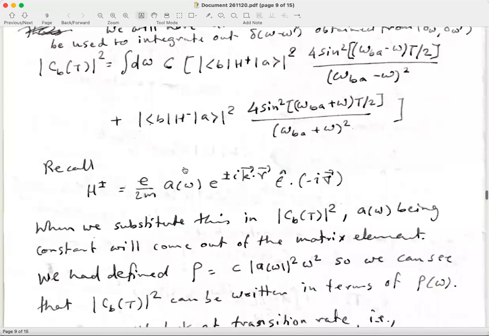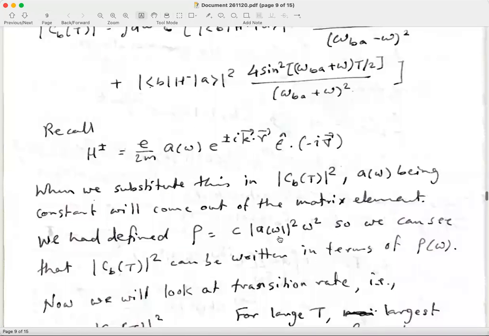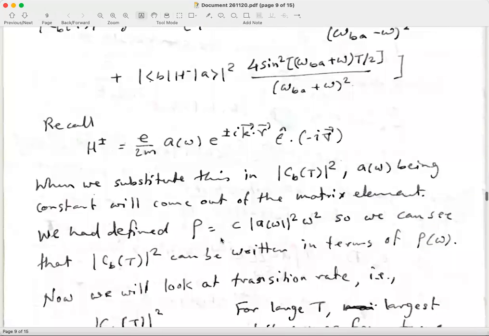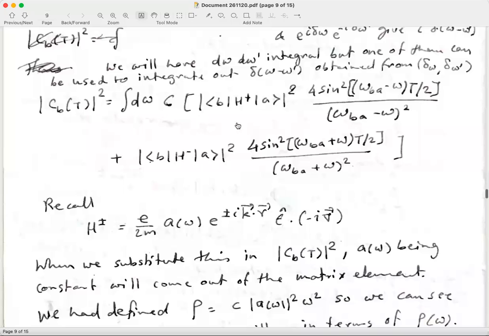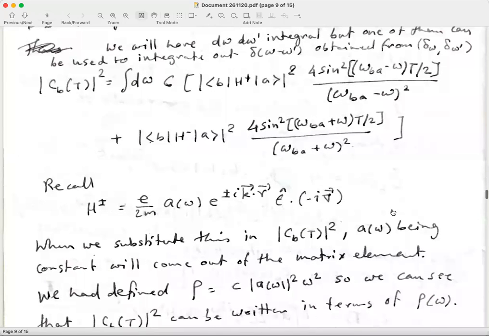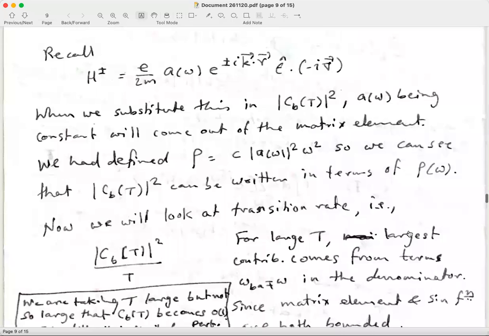So you can write down that entire expression in terms of rho. Barring the matrix element of H plus involving e to the i k dot r epsilon dot p, everything else could be written in terms of the energy of the external electromagnetic radiation, namely rho. Fine. So one can write down mod C_b(t) squared in terms of rho.